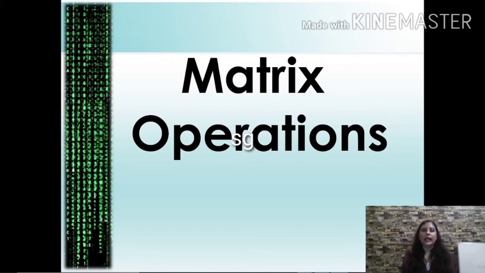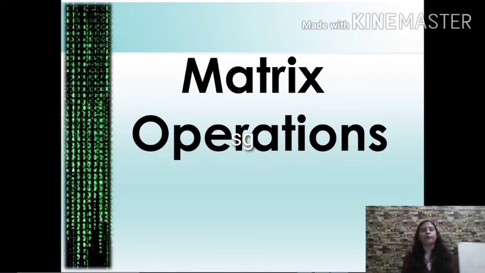Welcome back. As discussed in the previous class on matrices, we had discussed the different types of matrix. Just a brief summary in a nutshell: we had discussed scalar matrices, unit matrix, square matrices, diagonal matrices, symmetric matrices, skew symmetric matrices.